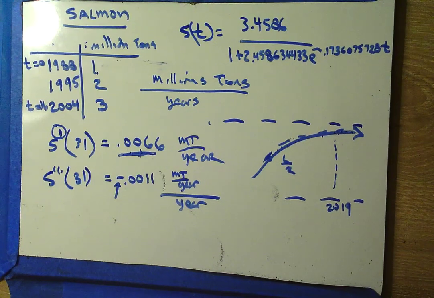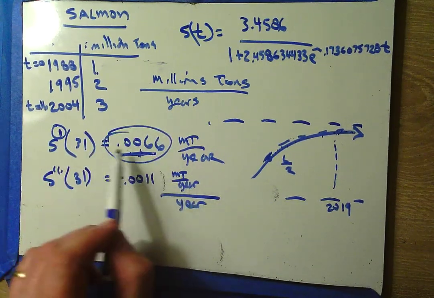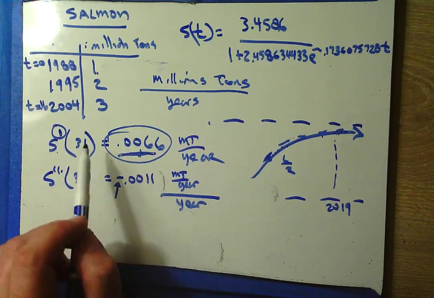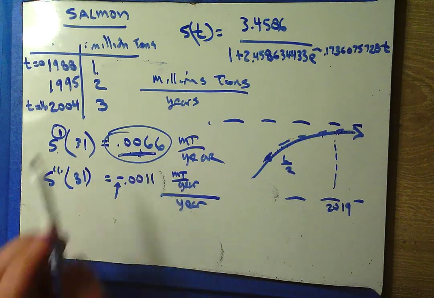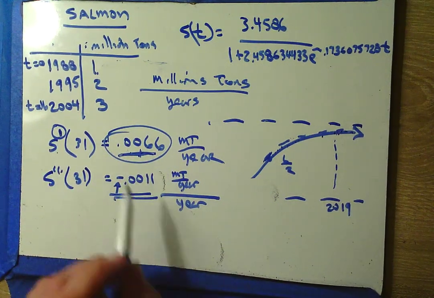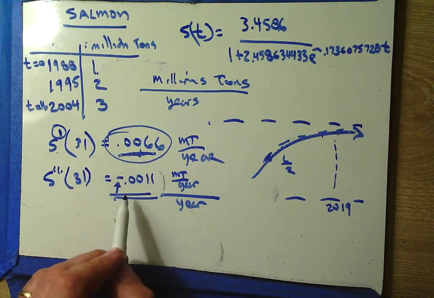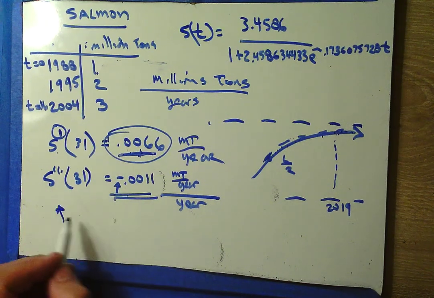Oh, and is the amount being farmed increasing or decreasing? The amount being farmed is increasing because our derivative is positive. If our derivative was negative, the amount being farmed would be decreasing. What we can say is, because the second derivative is negative, that even though the amount being farmed is increasing, it is increasing at a decreasing rate.